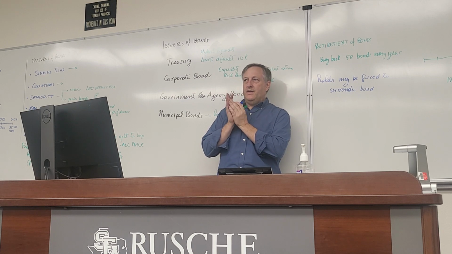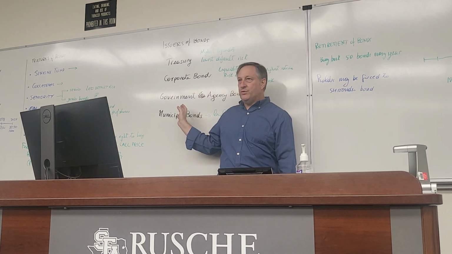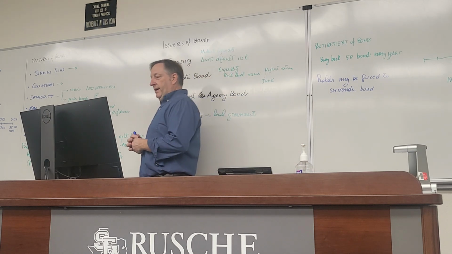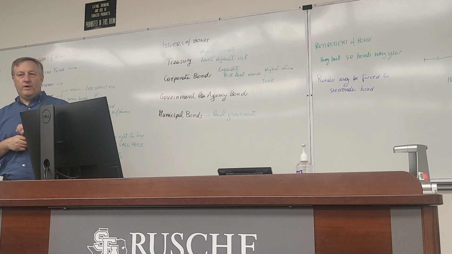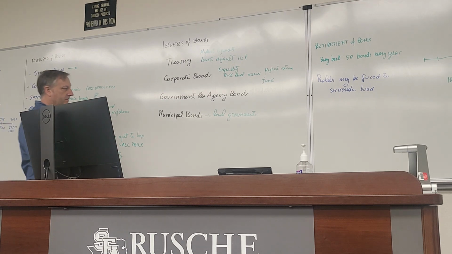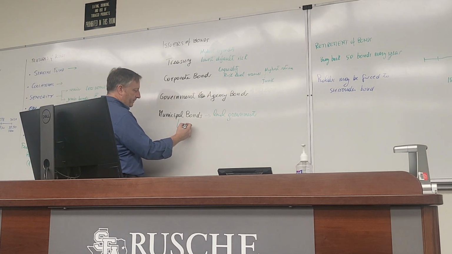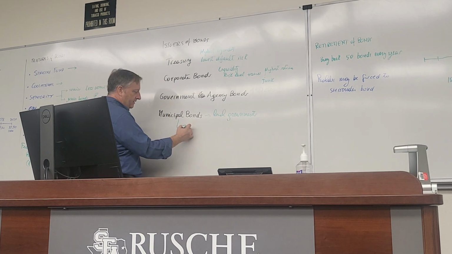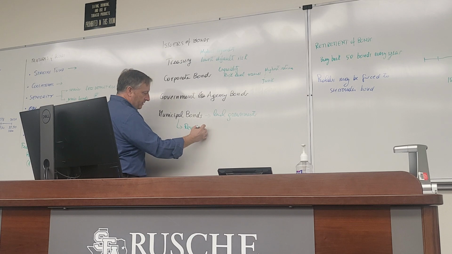But this is one of the examples of municipal bonds. Cities can issue those types of bonds, and some of those bonds are specifically tied to a specific project. They're called revenue bonds.